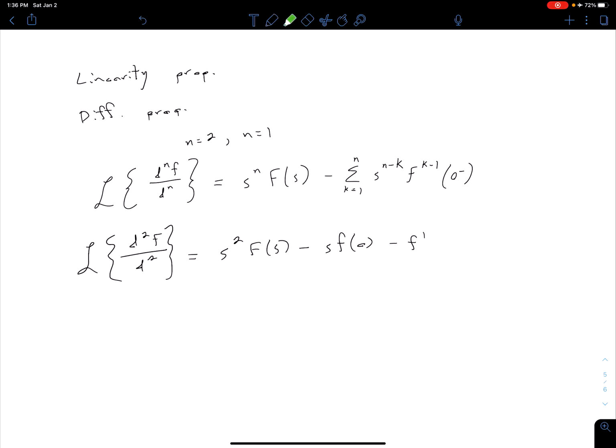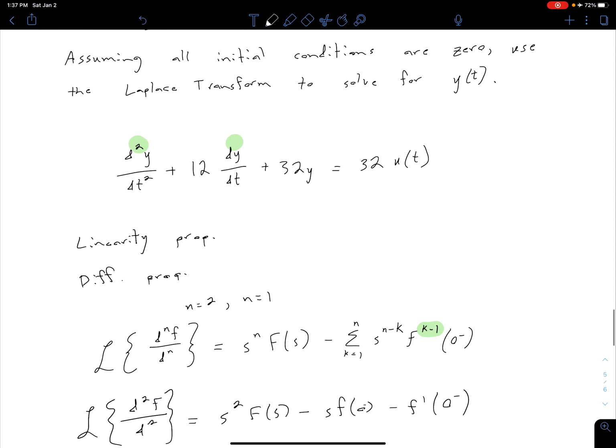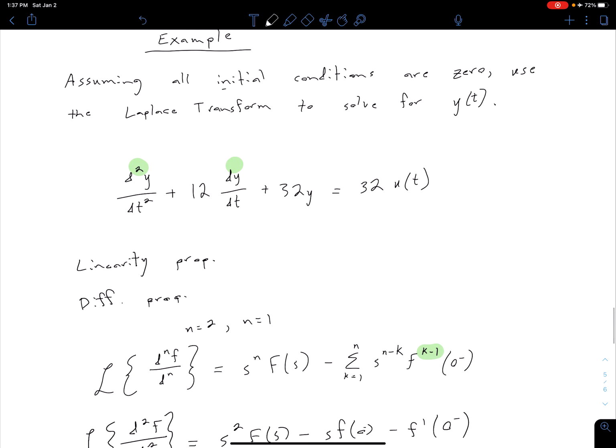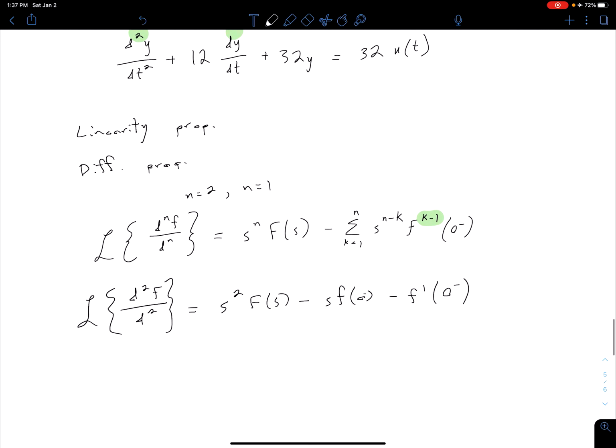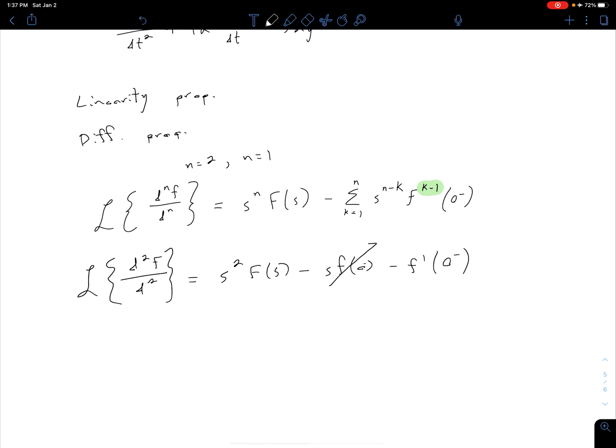This k minus 1 here indicates taking a derivative, and both of these zeros are 0 minus, meaning just on the left side of 0, because sometimes functions aren't continuous at 0. However, in this case we're told to assume all initial conditions are 0, so the terms for f and f prime go away, and we'll just have s squared times F of s.